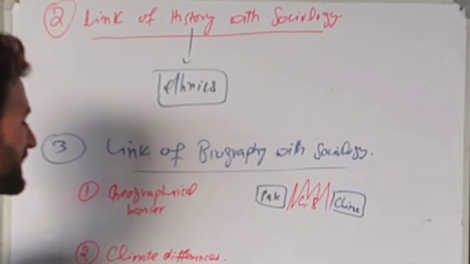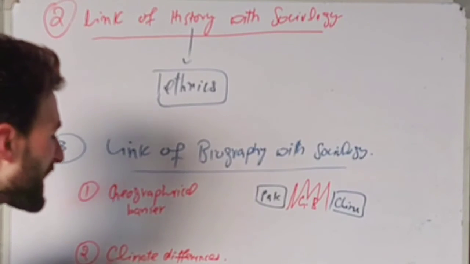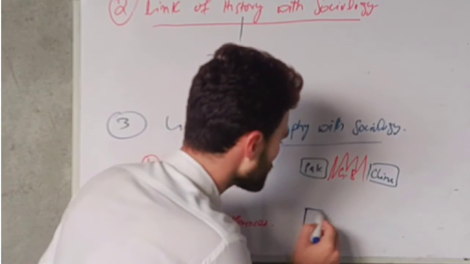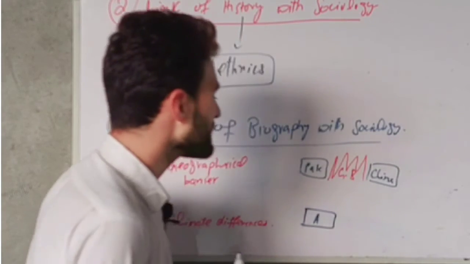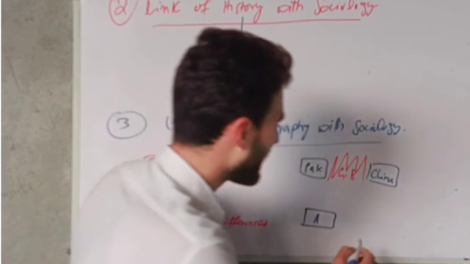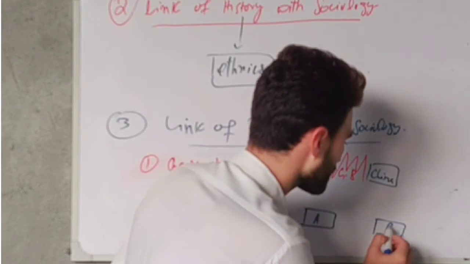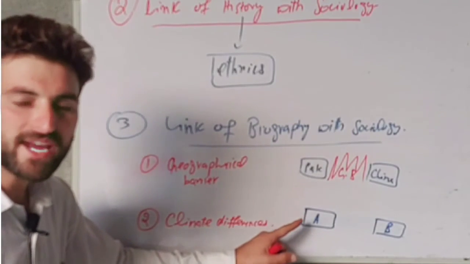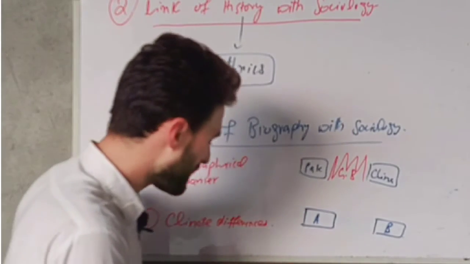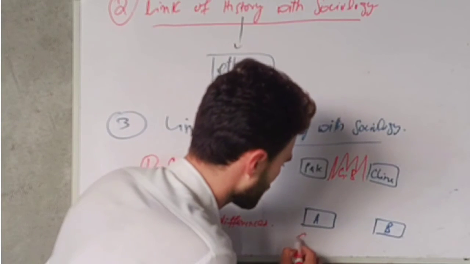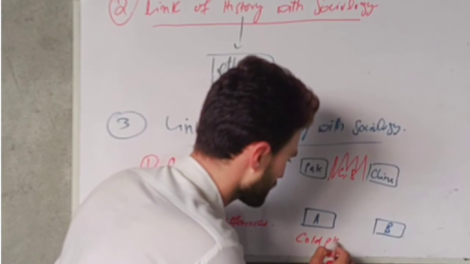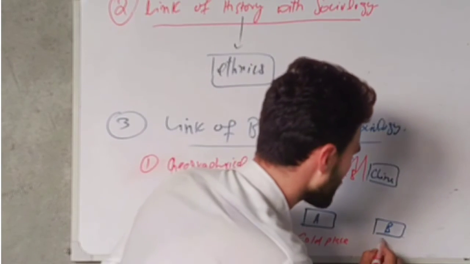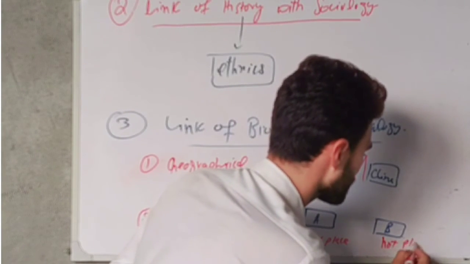Now let's come to the second point, and that is climate differences. Let's suppose I am taking two countries, number 1 is A and number 2 is B. Let's suppose country A is located in a very cool place, and country B is located in a very hot place.